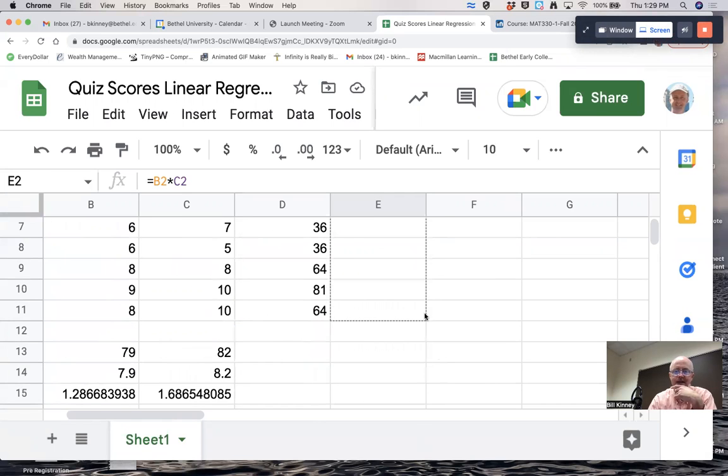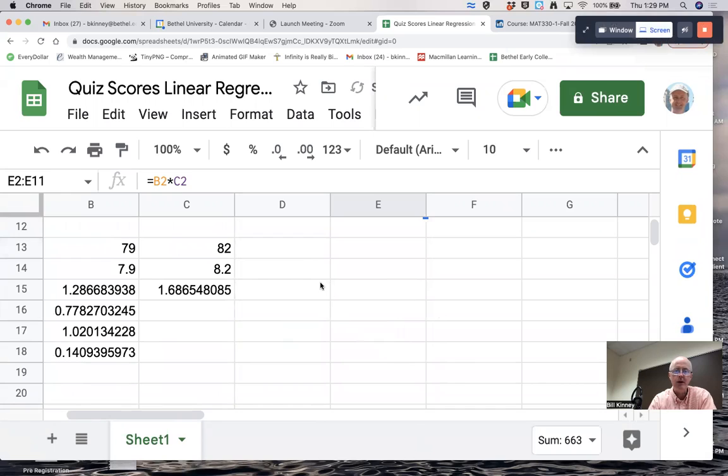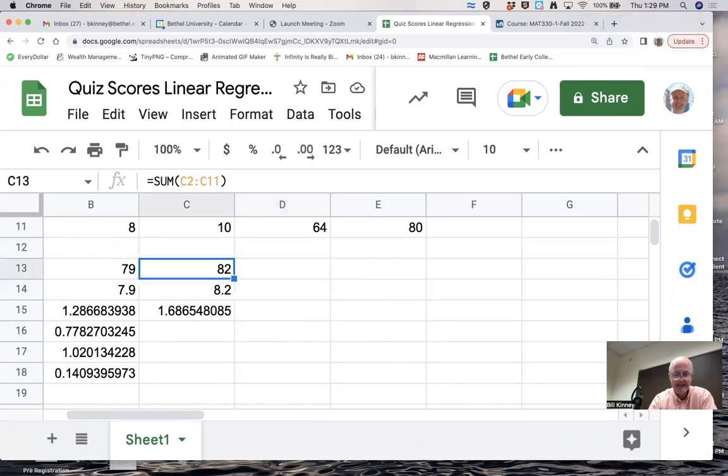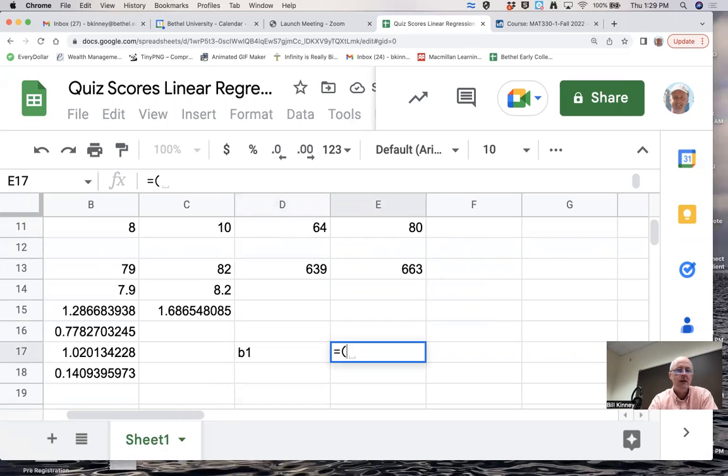And in our last minute, let's confirm the slope again. First, by adding these columns, and then by using the formula in the book. B1, use the formula in the book. It's n, which is 10, times sum of the x times y's. That's in column E. That's this number here.